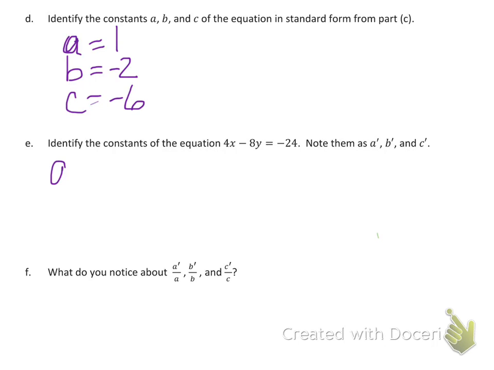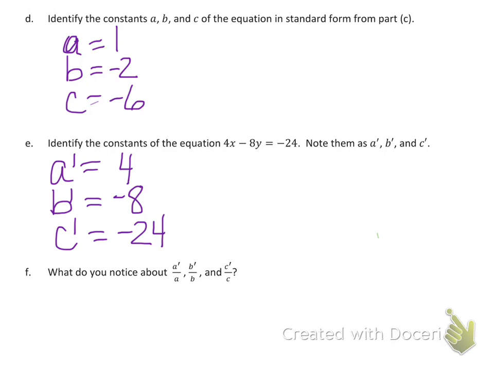We're going to call the coefficients of the second equation, which we think is just in a different form, 4, negative 8, and negative 24. Then we're asked, and this is different from exercise 1, to look at these ratios.